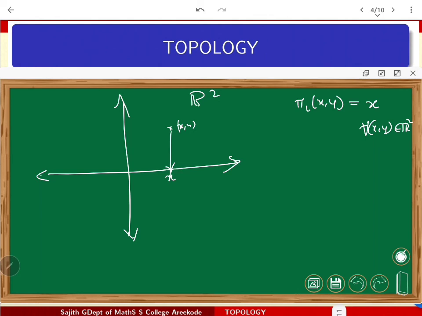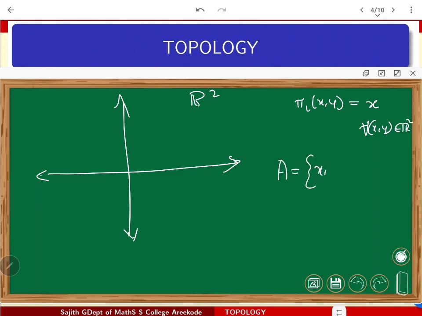Now this function is actually a map because it is a continuous function. Projections are continuous functions. They are open functions, so they are open maps. It is not going to be closed. How to see that? Just look at a particular subset, for example, H, or A I may call.